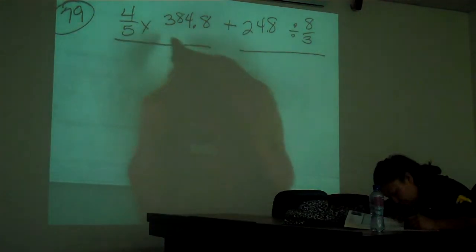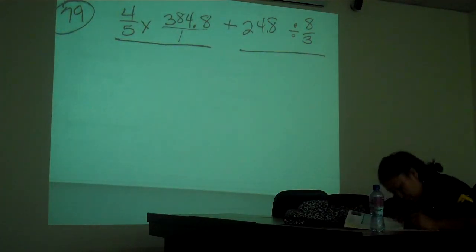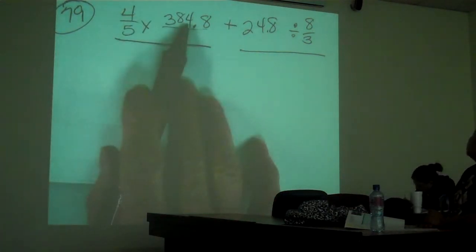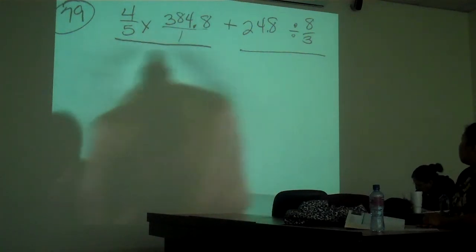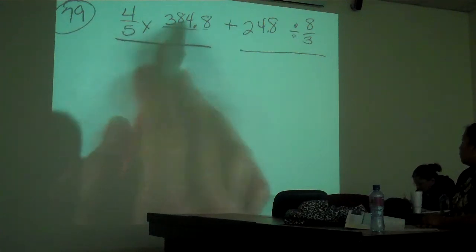When you do this multiplication, do you want to just put it over 1? Does that seem like the simpler way? And just do 4 times this and then 5 times 1? Okay, we'll put 5 on the bottom. 5 times 1 is 5. We couldn't divide.